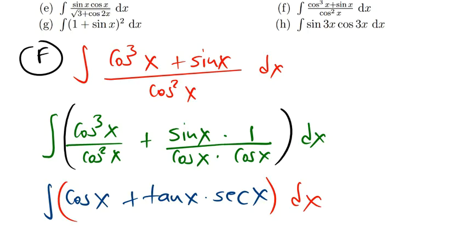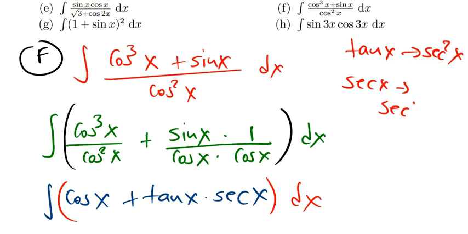Now I was trying to ask you earlier, you know that the derivative of tan is what? Secant square of x. How about the derivative of secant of x? What's the derivative of secant of x? It's secant of x tan of x.